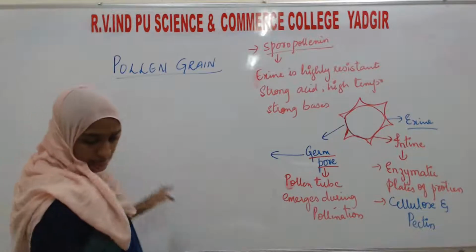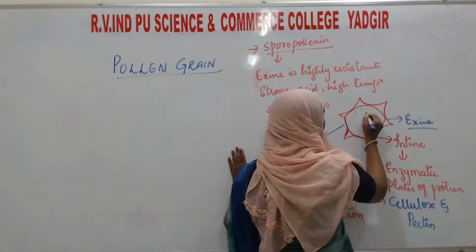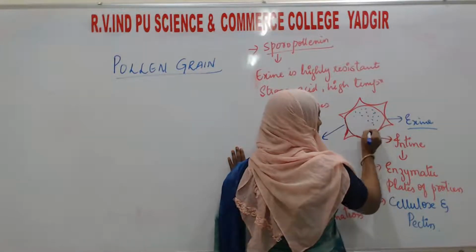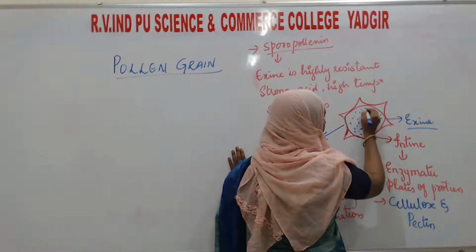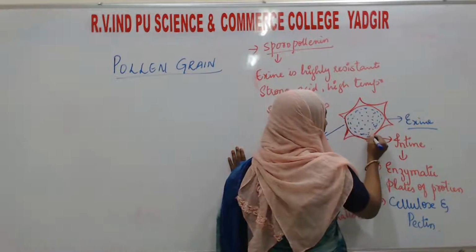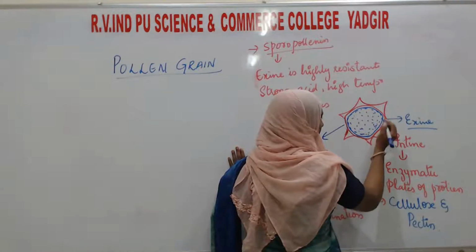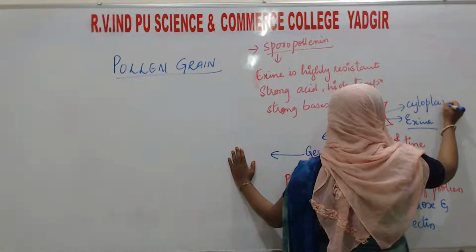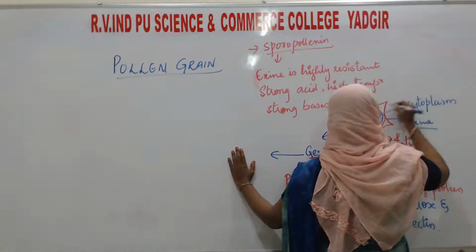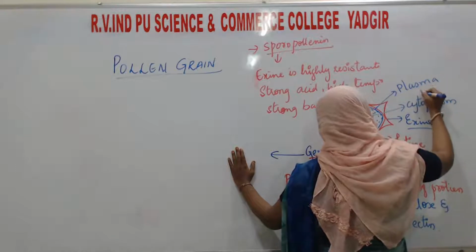Before that, in the pollen grain there will be the cytoplasm, and the cytoplasm is enclosed in a plasma membrane. This is the cytoplasm, and this is the plasma membrane.